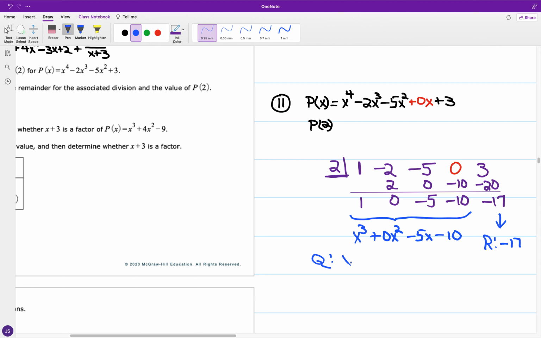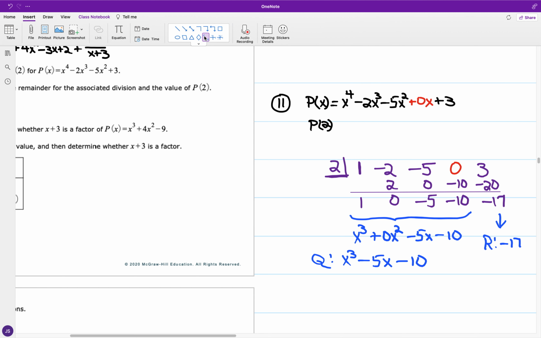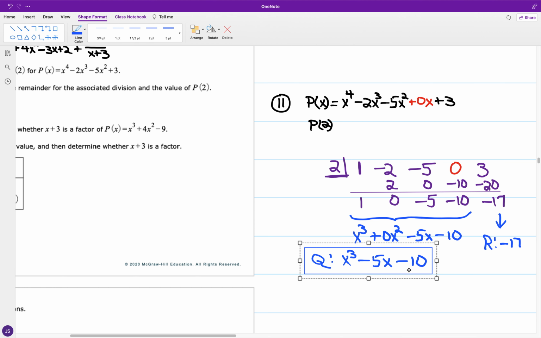So you can just write this as x cubed minus 5x minus 10. So this will be the quotient. And the remainder, again, is negative 17.